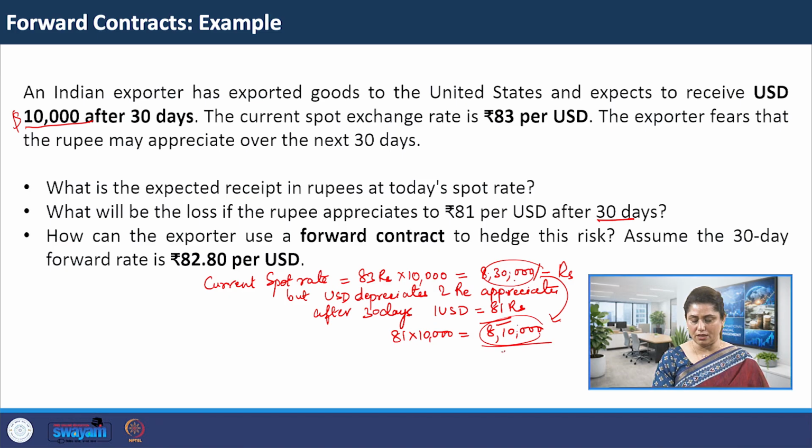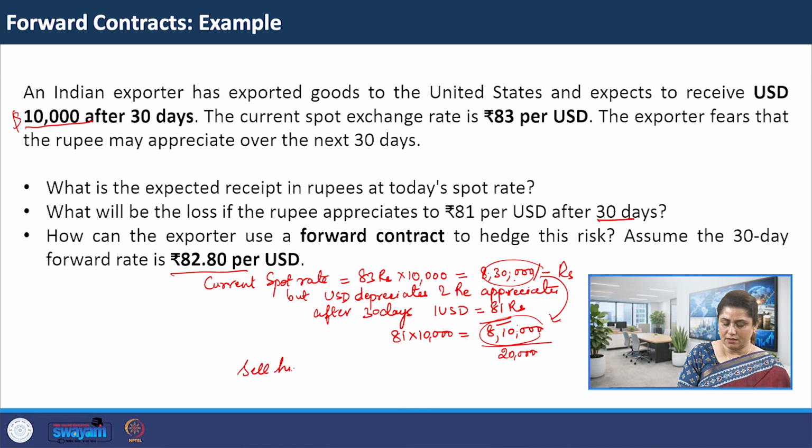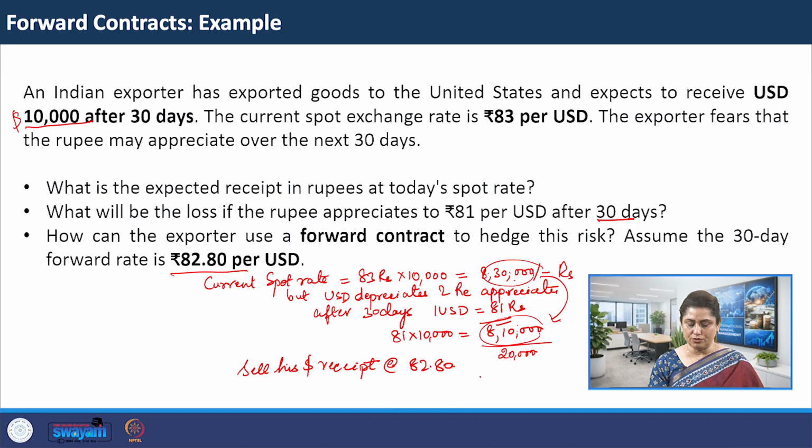Now, in order to mitigate this particular risk, which is the difference of these two, actually 20,000 rupees, he enters into a forward contract, and the forward rate is 82.80. So now he will sell his dollar receipt that he will get after 30 days at a rate of 82.80. So how much is he going to earn? He is going to earn 8,28,000.